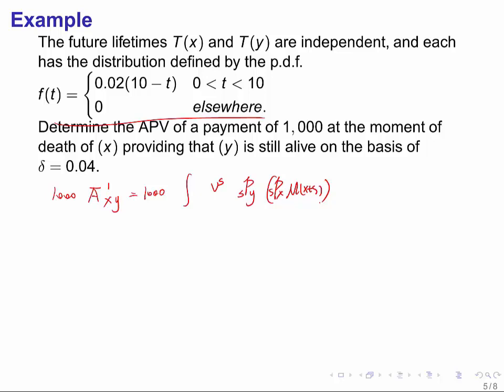And this together with the survival probability of Y at time s means that X dies first, X dies at time s. In this case, there's 1000 payable at time s, which has a present value of 1000 times v^s. Now s is just any point, so we need to integrate over all the possible points. In this case, it's from 0 to infinity. And we can just use the probability density function f_T to find the p, to find the mu, and therefore to determine the EPV of the cash flow.